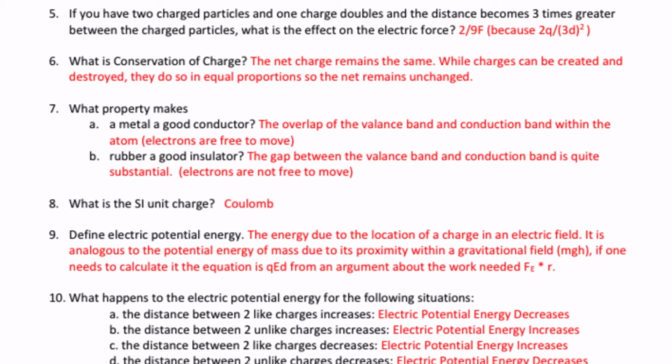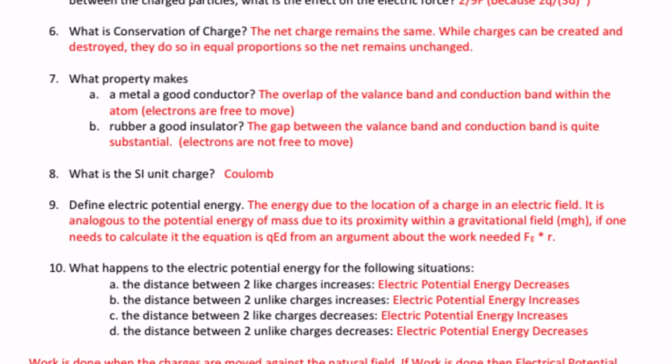So if one of the charges doubles, the top is going to be 2, and your distance becomes 3 times greater, so that would be 1 over 9. If you multiply that by the 2 on top, that would be 2 over 9. So your force would be affected by 2/9, which is what she put. That's basically the equation I just explained.